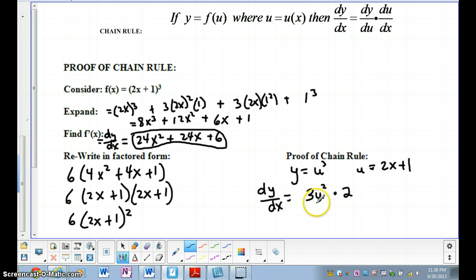Our last step is now to substitute back in for u. So we'd have our 3 times 2 would be 6. And then we plug back in our 2x plus 1 in for u.